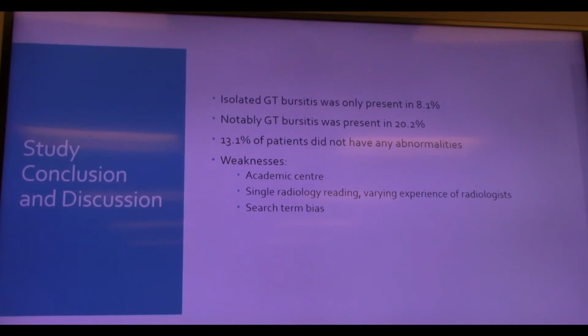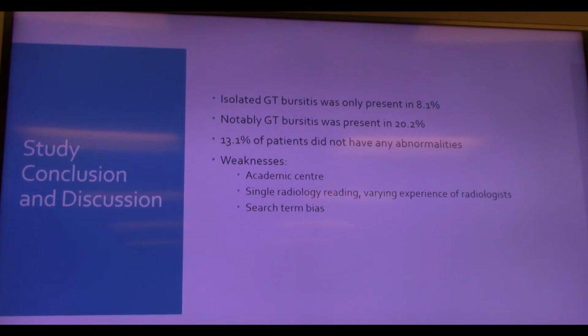What do you think explains the discrepancy between isolated 8% bursitis and the 20%? So I think the problem with GT bursitis, looking at other studies that were conducted with MRI, is that they found that GT bursitis is a very difficult finding to correlate with patient symptoms. So they've actually done larger studies looking at pelvic MRIs overall, and they found that a large percentage of patients were found to have bursitis in terms of the pathology that they would measure radiographically, but they didn't actually have clinical findings.